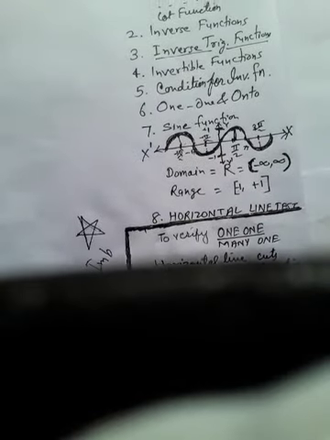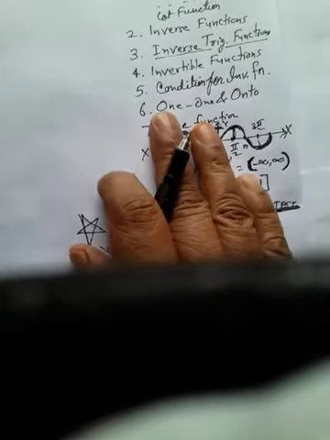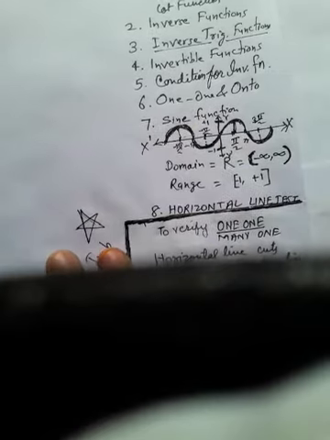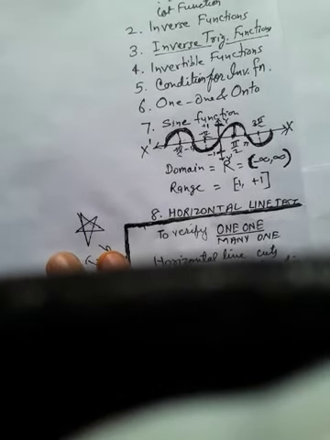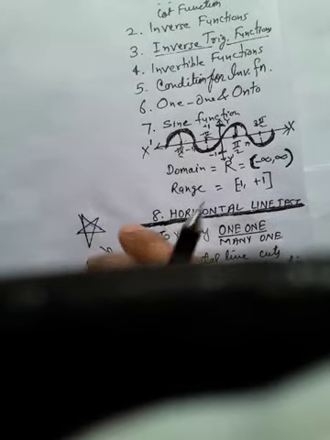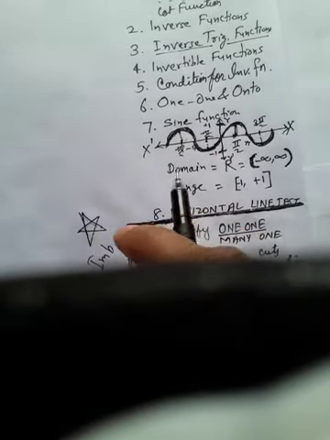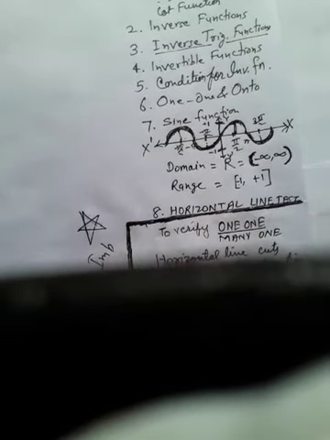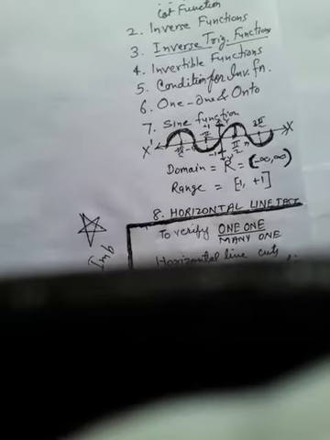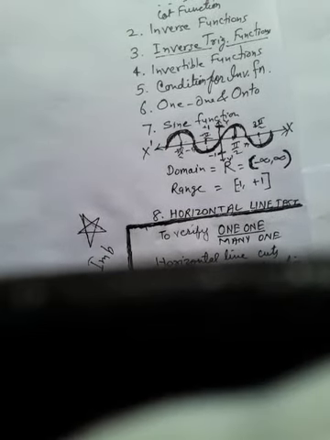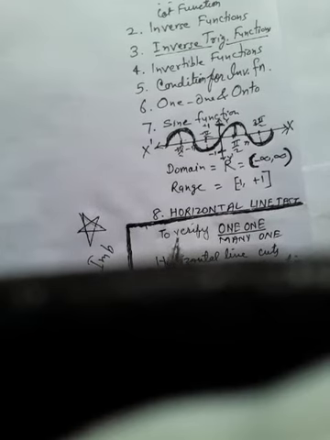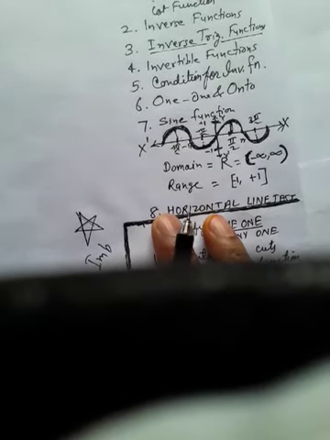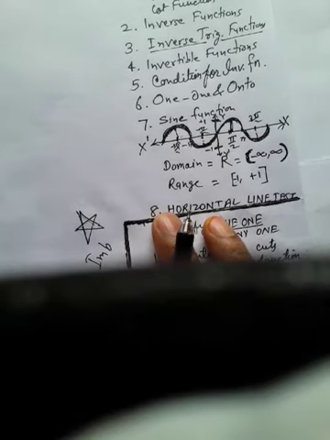Dear children, it is a many-one function. Since this sine function is not one-one, it is not invertible, and then we cannot have chapter number 2 in 12th mathematics. But we have this.